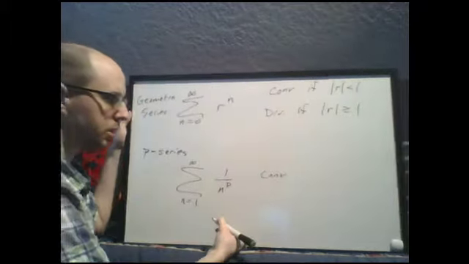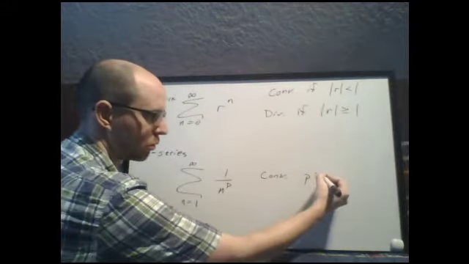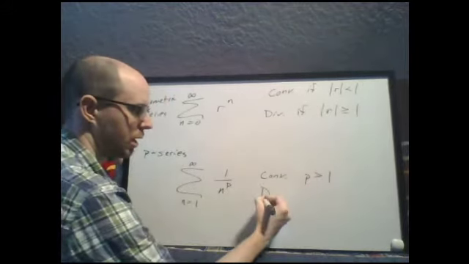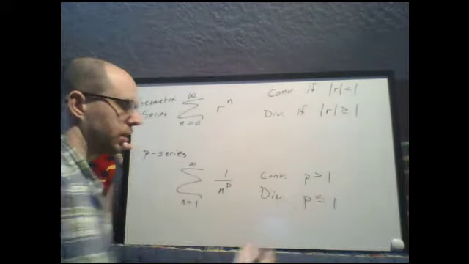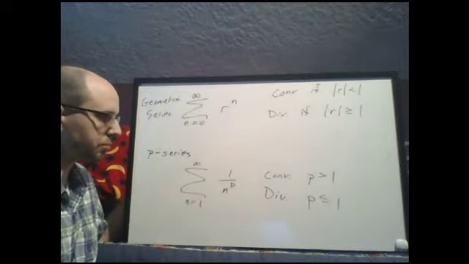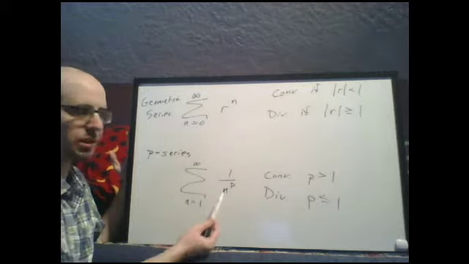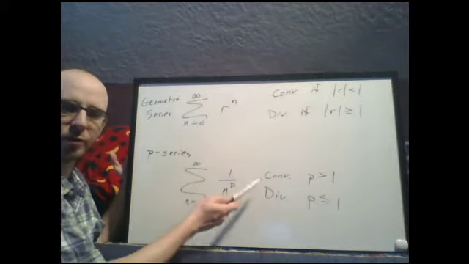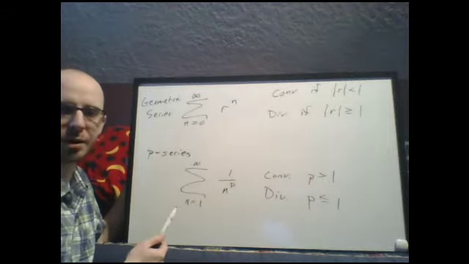These p series are convergent if p is greater than 1, and divergent if p is less than or equal to 1. So we were able to prove that with the integral test. So if a series is of this type, we can tell whether it converges or diverges. But if it converges, we aren't able to calculate its value.